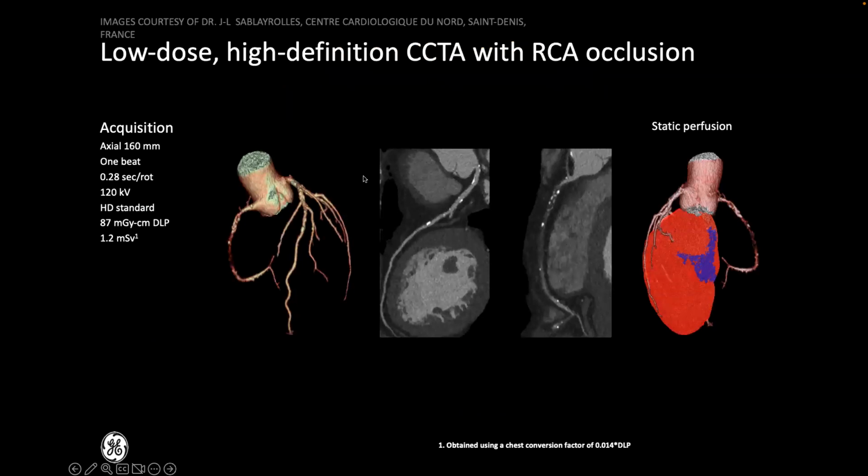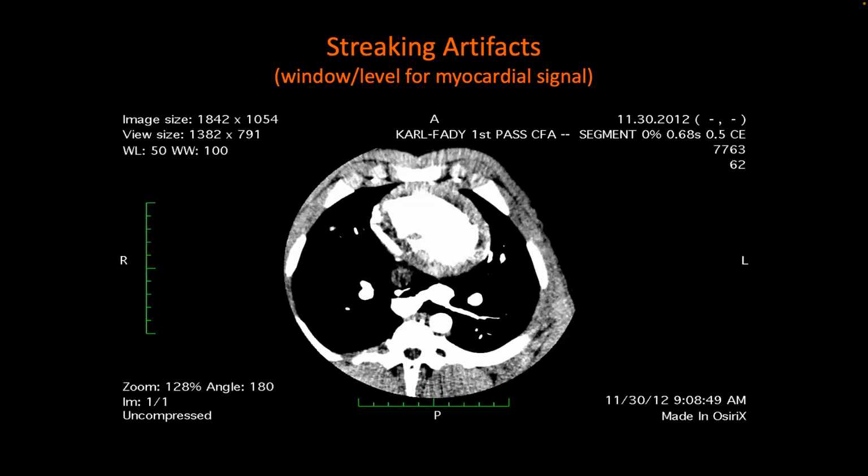However, it turns out that, for those of you who have read or are going to read, and I would advocate that you read, the paper about the ISCHEMIA trial, and then the subsequent analysis of imaging technologies and which imaging technology predicted downstream events in the ISCHEMIA trial.